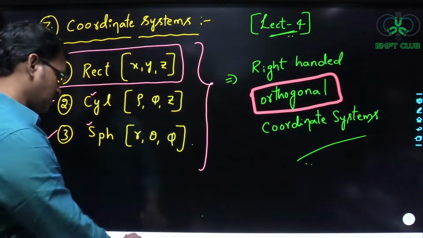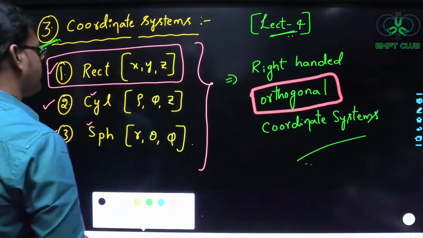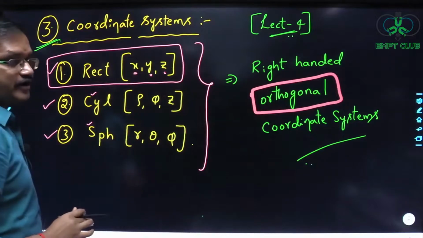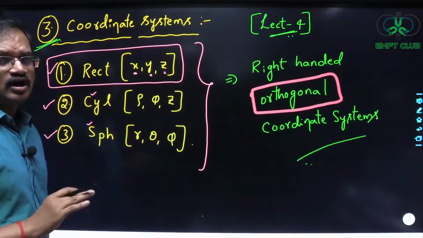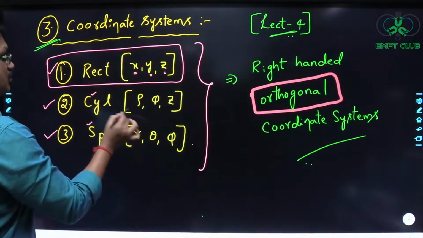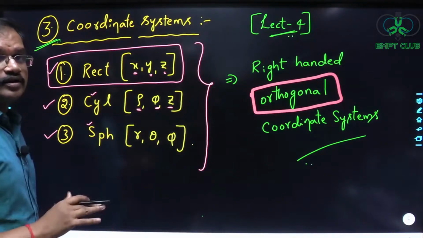If you observe the rectangular coordinate system, x, y and z are orthogonal to one another, or mutually perpendicular. In the cylindrical coordinate system, rho, phi and z are mutually perpendicular to one another.